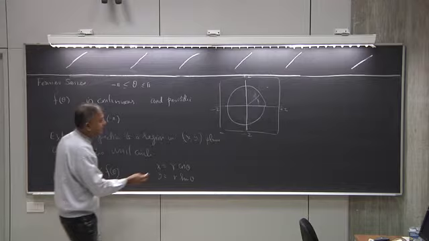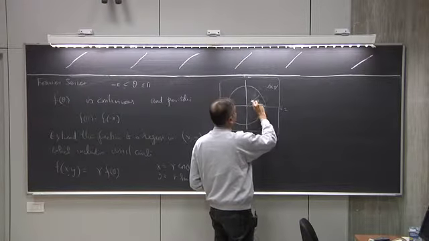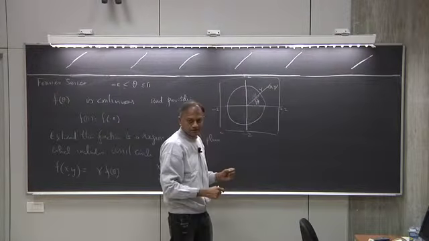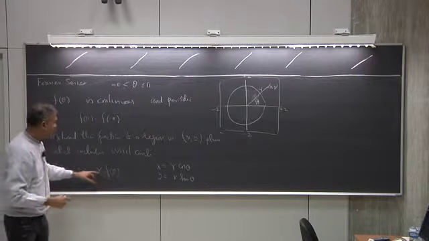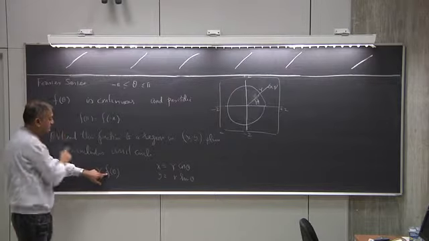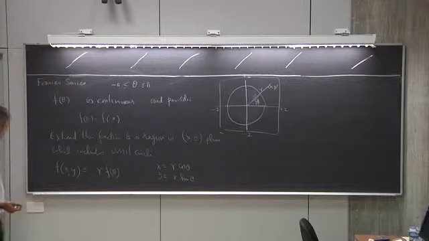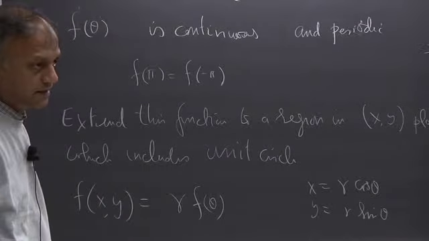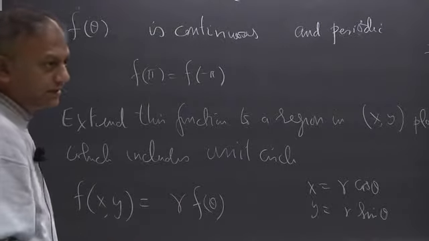But given a point xy, I surely know what the angle theta is and what the length r is. And I just substitute on the right hand side that value r and the given function f evaluated at theta. So it's a function of x and y, or equivalently a function of r and theta. They are interchangeable. It's just a different coordinate system.